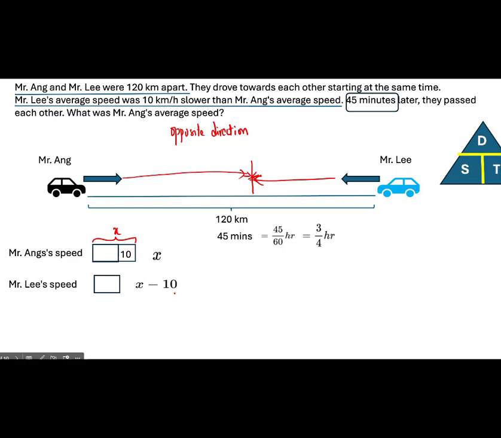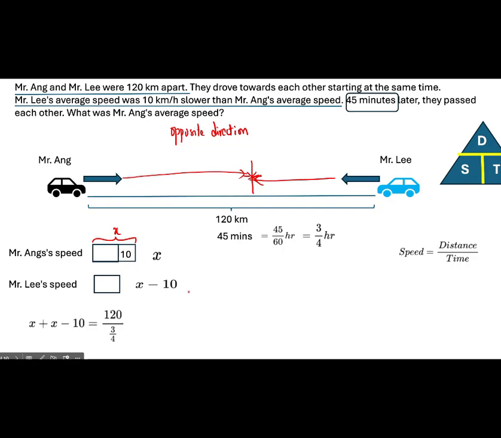Now, the formula is speed is equal to distance by time. We know that the distance is 120 kilometers. We also know the time, so we can equate it like this. Speed is equal to distance by time. But when it comes to the speed, because they are moving in opposite directions, both of them are covering this distance together. We add up their speed. So the speeds are x and x minus 10.